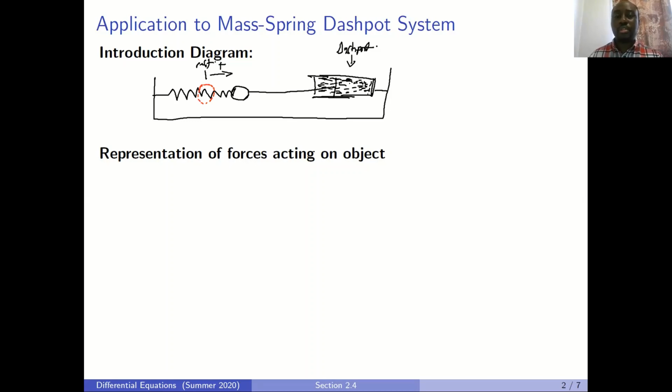Now the force in the spring pushes the object towards the left, or tries to pull the object back to its rest position. And by so doing, the rod has to move through the fluid in the dashpot, and it encounters some kind of resistance in that fluid.